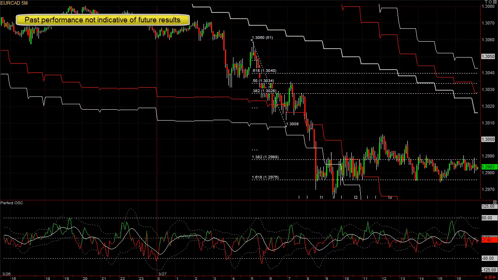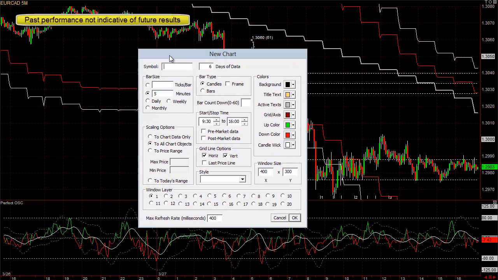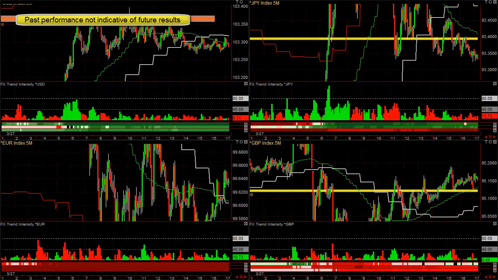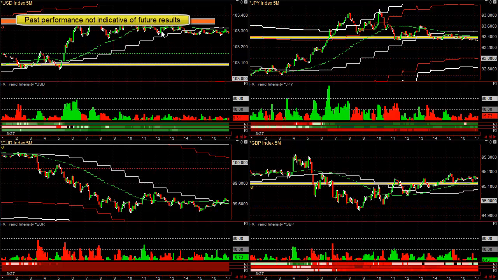Now I'd like to end today's blog with some of the new features that we put in today. First, we have now the weekly point of control for the currency charts, and I just noticed I've got to make sure that that works live. I'll release another one tonight that does that.